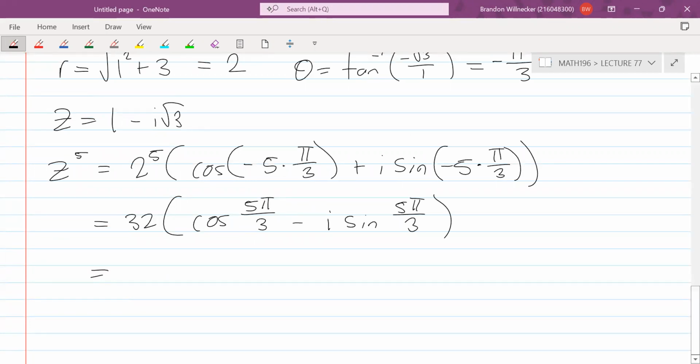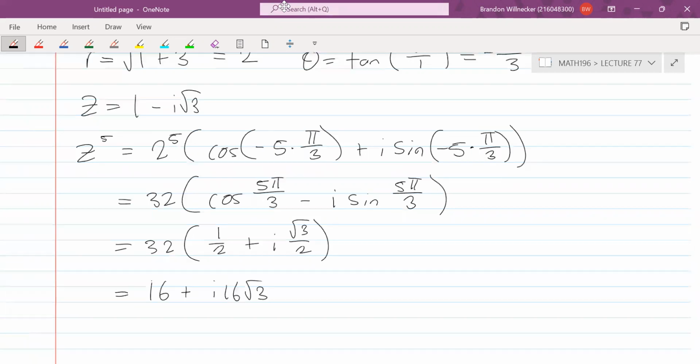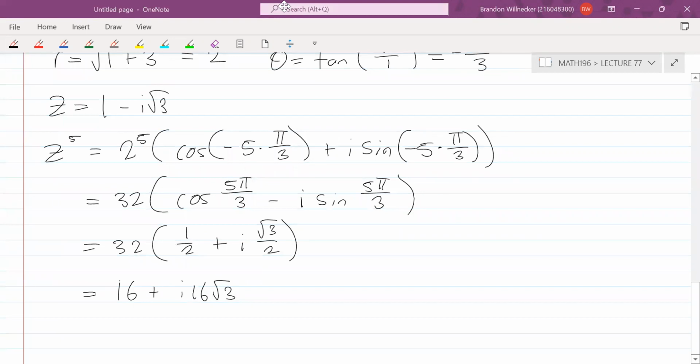So we get 32 times cos of 5 pi over 3, that's going to be 1/2, plus i times root 3 over 2. Then we can finally distribute the 32 inside, and we get 16 plus 16 root 3 i. Okay, so that's what we get for this complex number raised to the power 5.